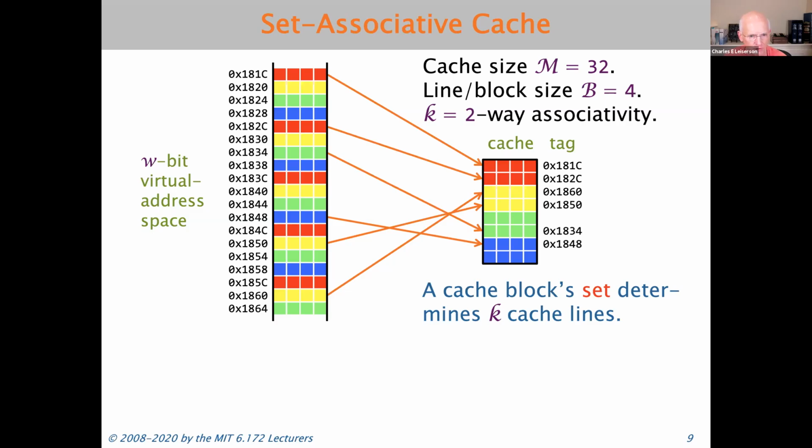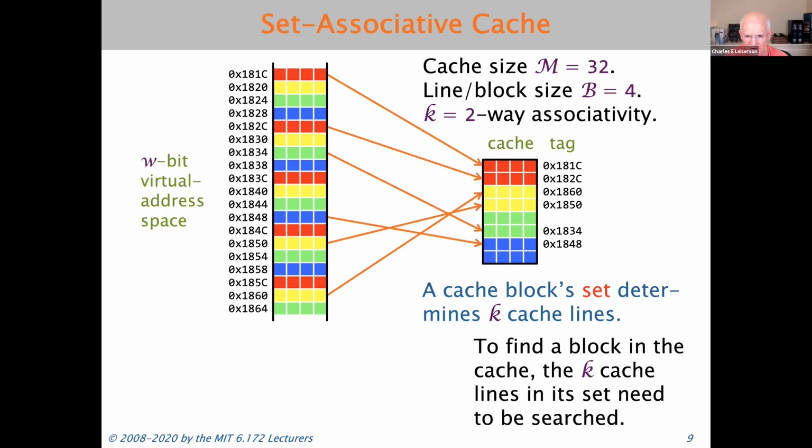Anything that's blue could land in either of the blue cache lines. Now, to find a block in the cache, the hardware needs to check the K cache lines in the set, which is more than for direct mapping, but far less than full associativity. So it only has to check K, and that's presumably a lot easier.